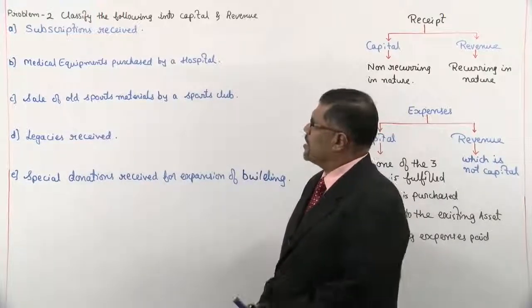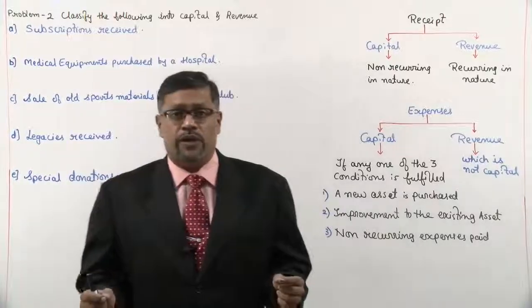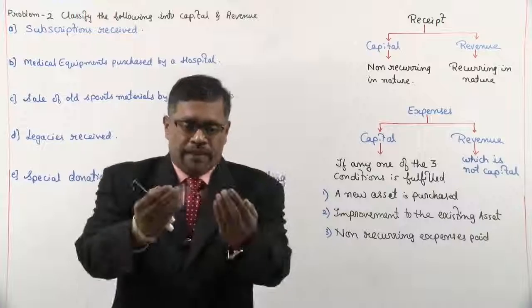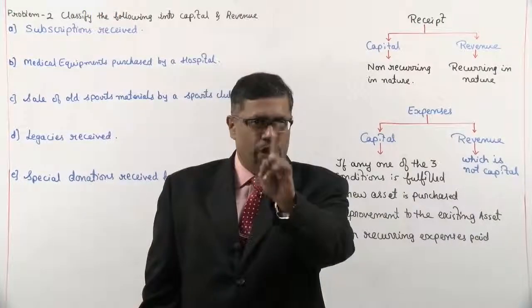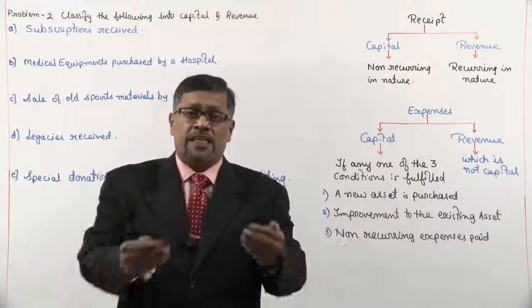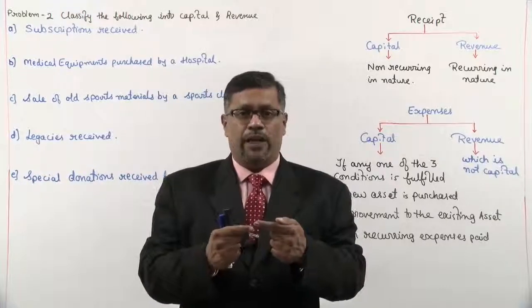First transaction, subscriptions received. Subscriptions received is an income of a not-for-profit organization. They receive the subscriptions from the members. Do they receive only once? No. What they receive only once is the life membership fees. Subscriptions are received every year, annually.